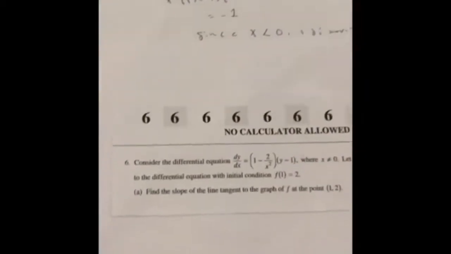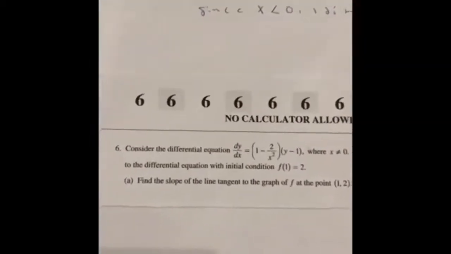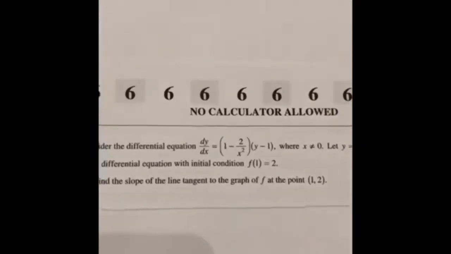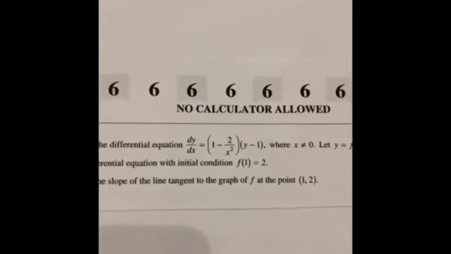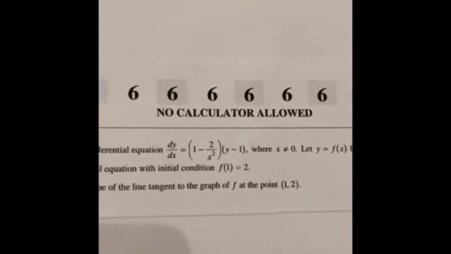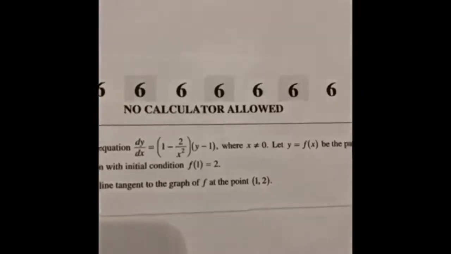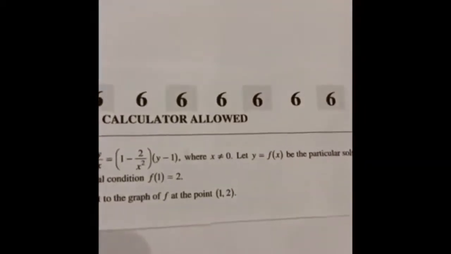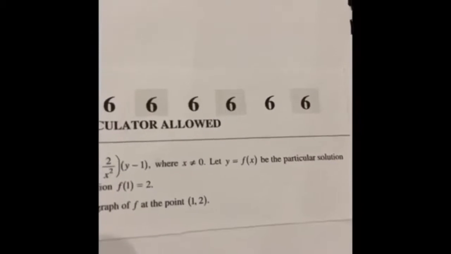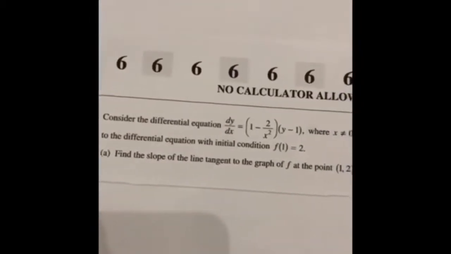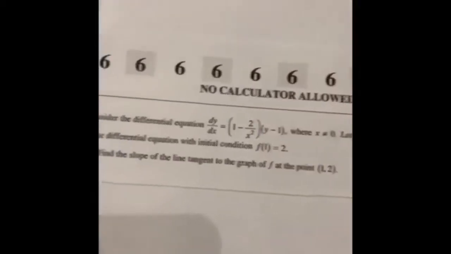Next is the question of the free response part, which is: consider the differential equation dy over dx equal to 1 minus 2 over x squared multiplied by y minus 1, where x is not equal to 0. Let y equal f of x be the particular solution to the differential equation with initial condition f of 1 equal to 2.